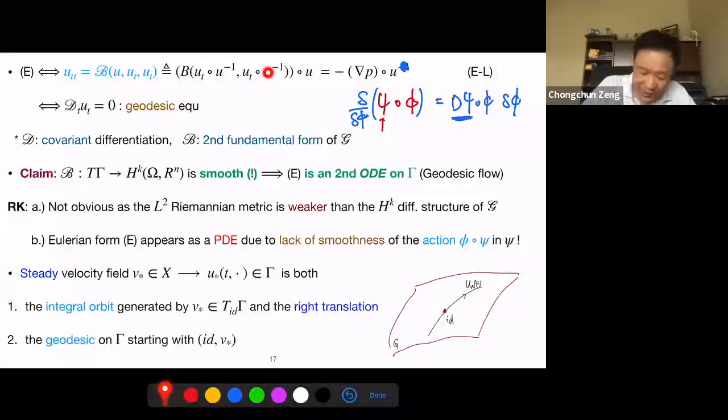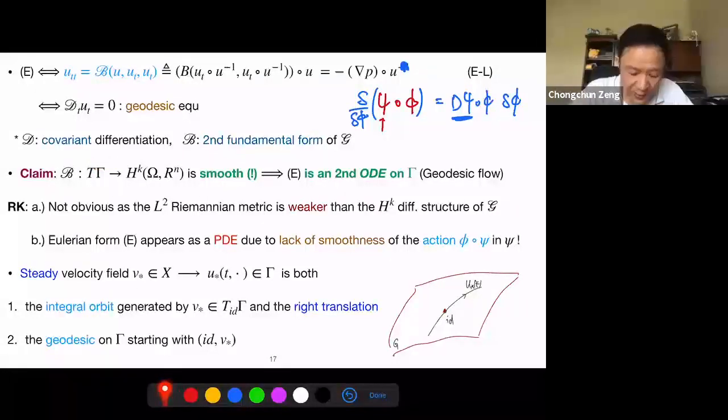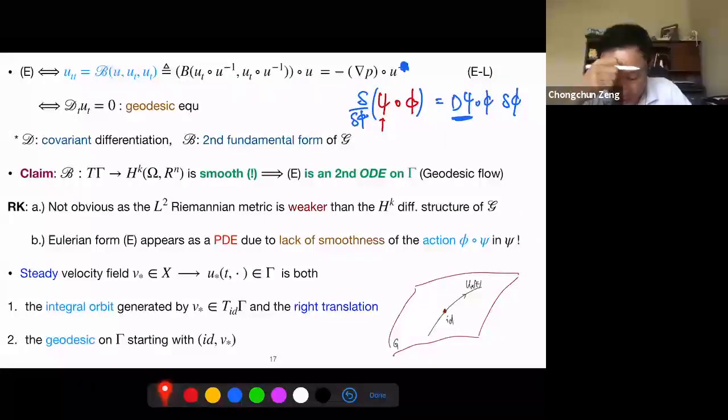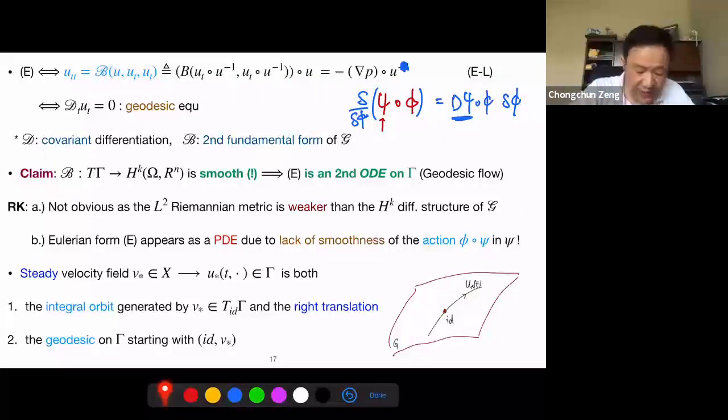And eventually, this is a bilinear transformation smoothly depending on u. The actual proof of this claim is in the Eulerian coordinates, by using a Div-Curl type estimate instead of doing this directly from this form.